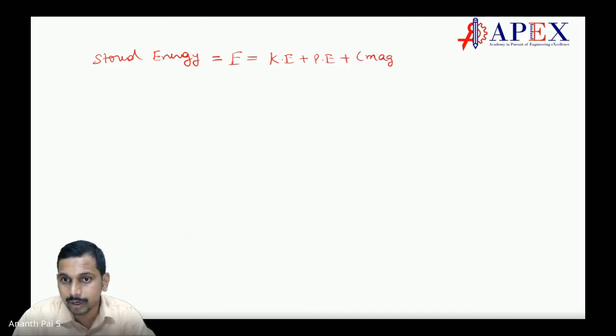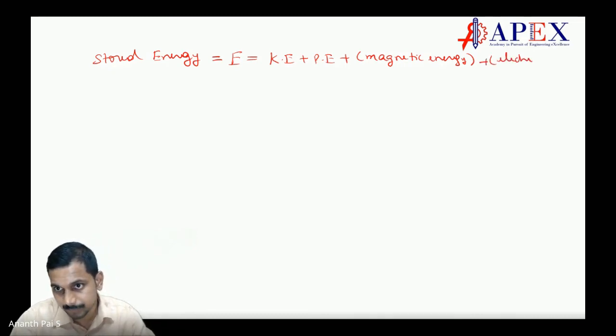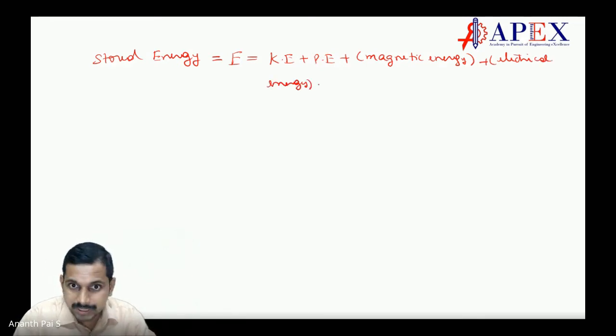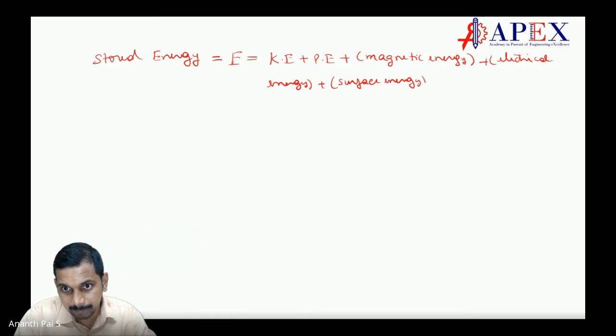We have not derived this, but still, magnetic energy. Then we have electrical energy, plus surface energy due to surface tension. Depending on the application, we are going to take that.